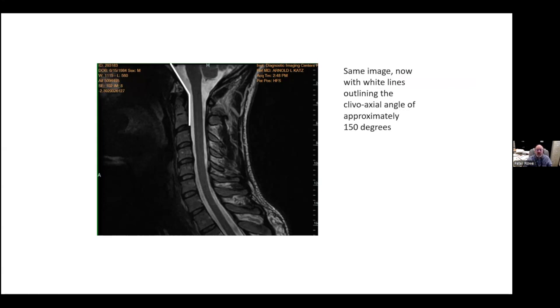This is the way that we look at the clivo-axial angle that I was measuring and talking about. This is along the line of the clivus, and this is a line drawn down to the back of C2. And usually you want a clivo-axial angle in the 150 to 170 range.